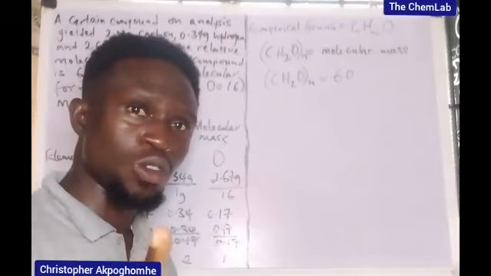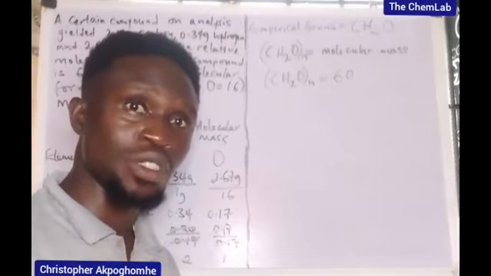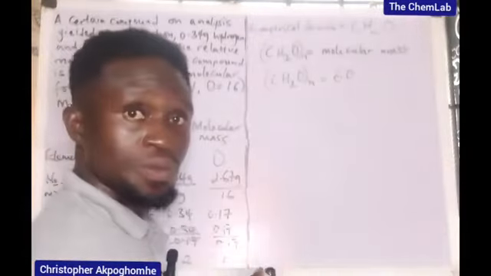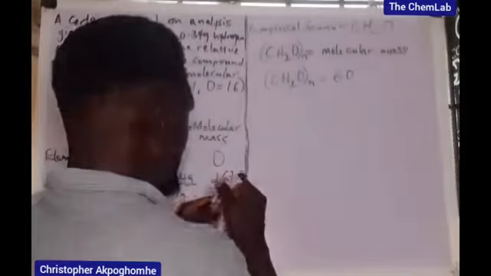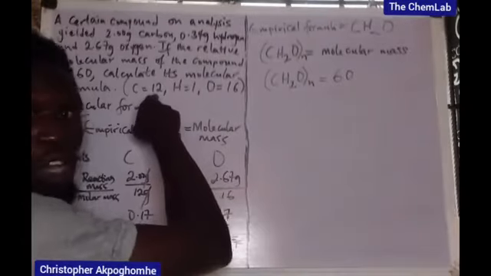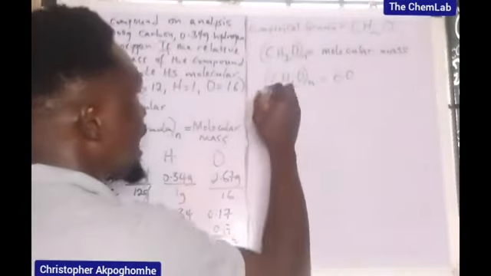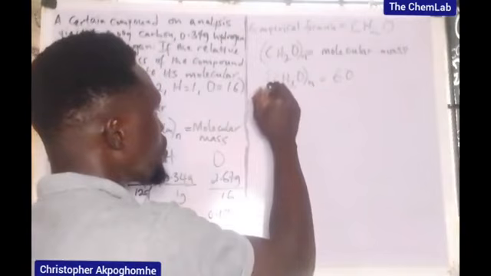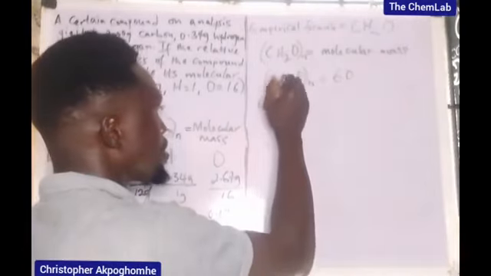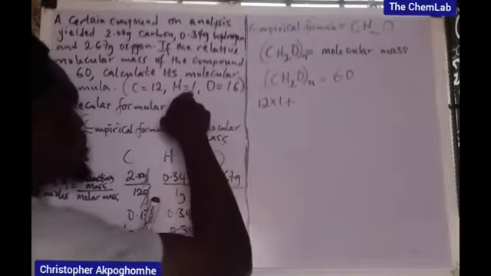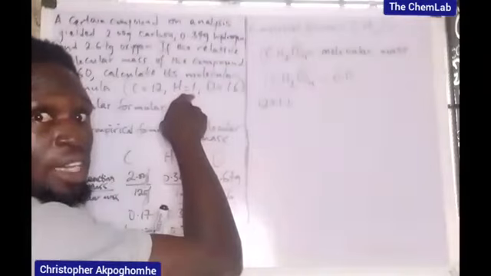I've taught you how to look for the relative atomic mass. You can check out our video titled Relative Atomic Mass. Now, carbon is 12 as the molar mass, right? And how many atoms of carbon do we have? 1. So we have 12 times 1 plus hydrogen is 1 as the molar mass, right?